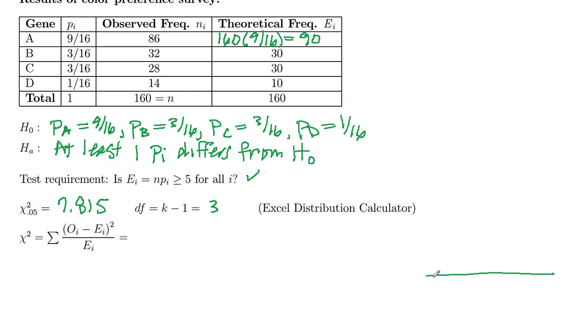So here's our chi-squared distribution. And we've got 7.815 out here. And the rejection region is to the right.